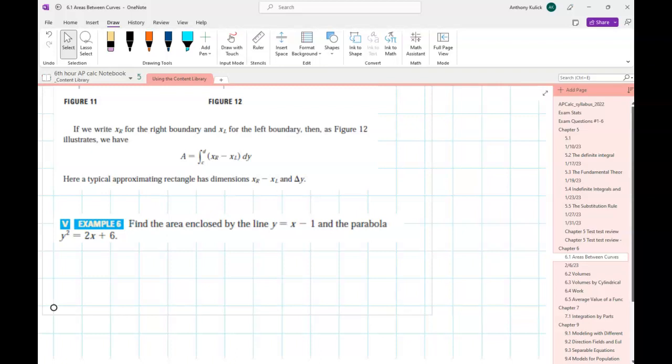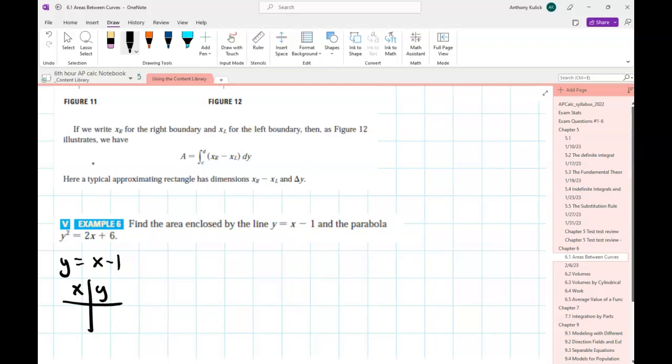Or at least one you can easily type in your calculator. So let's start here. How many points do we need to graph the line y equals x minus 1? 2. So what are an example: 0, negative 1, and 1, 0?